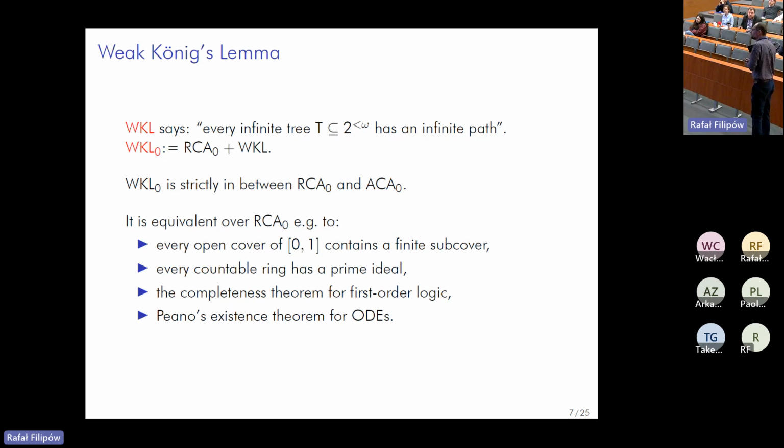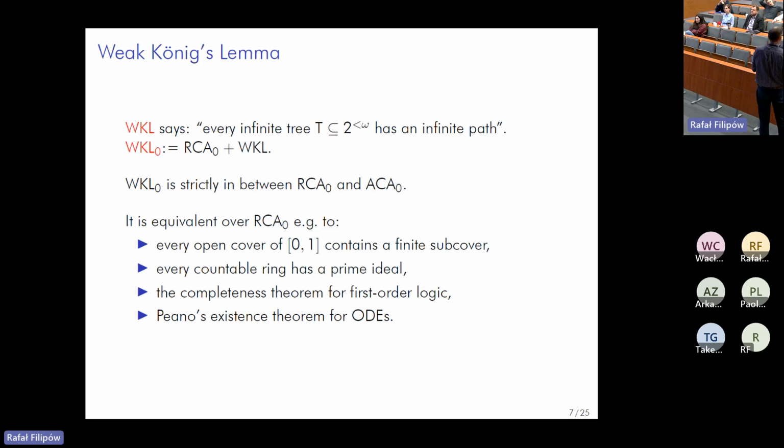I mean, almost by definition, weak König's lemma says that the Cantor space is compact in the sense of coverings: every open cover of the Cantor set has a finite subcover. This is also equivalent to rings having prime ideals. It's pretty easily shown to be equivalent to the completeness theorem, or at least the part of the completeness theorem that can be expressed in this language.